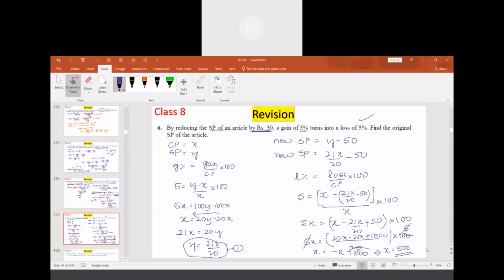We need to find out the selling price. Let me change it. The cost price is rupees 525, sir.